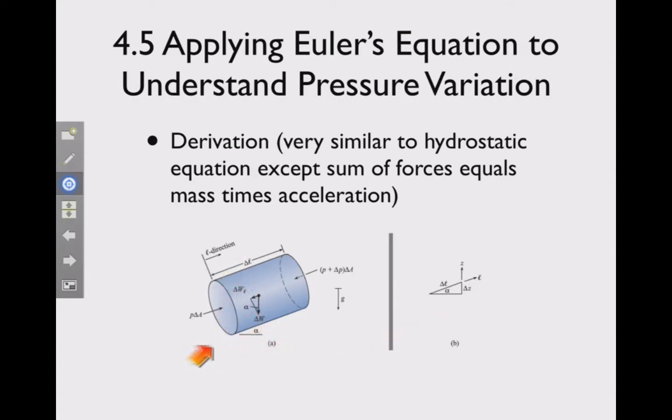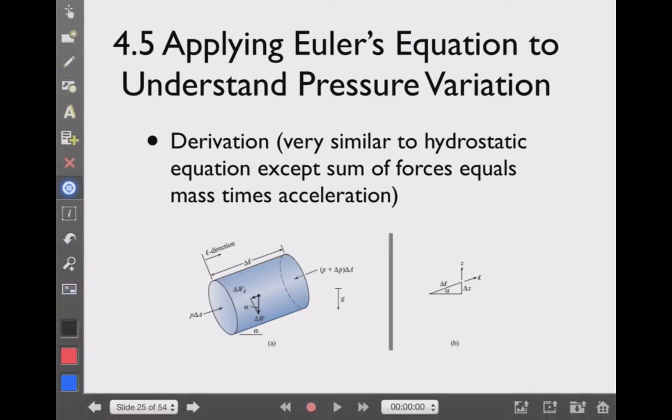The one thing that I want to remind you of and draw your attention to is that the pressure on any surface in a fluid is normal to the surface, since pressure is compressive. So we note here that on both ends of this fluid parcel, the pressure is inward into the volume.